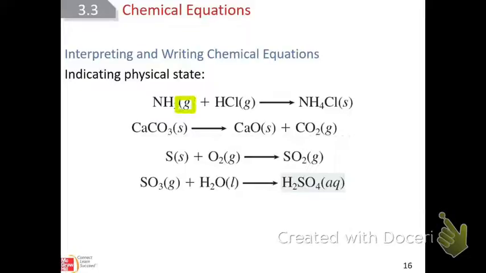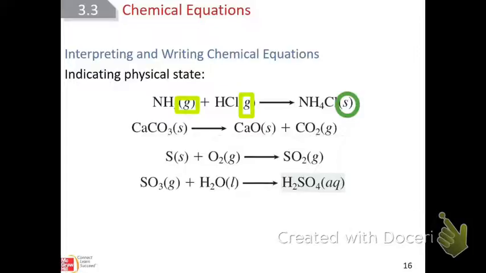For example, this little G in parentheses says that this ammonia is a gas at room temperature. This hydrochloric acid right here is also a gas at room temperature, and yet when they react together, they form a solid. That S in parentheses means a solid.